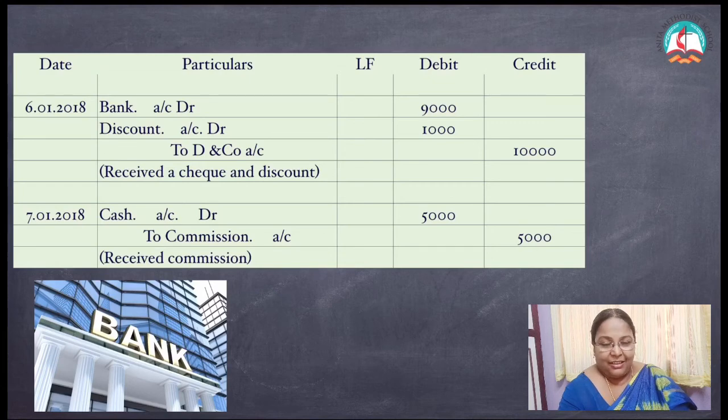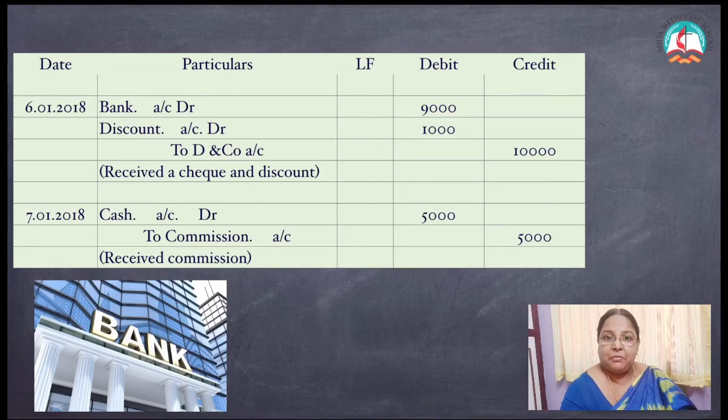Clear, children? So what is the journal entry? Bank account debtor. How much did we receive? 9,000. Discount allowed is 1,000. Who's the giver? D and Co, 10,000 rupees. But in your narration, you have to specify check received and discount allowed. Is that clear?